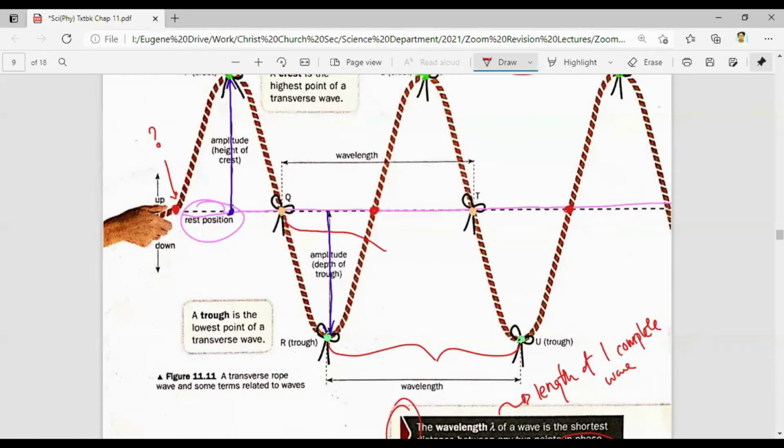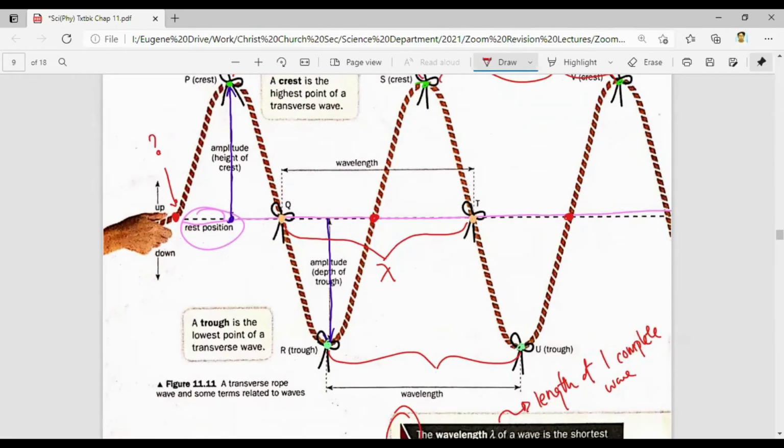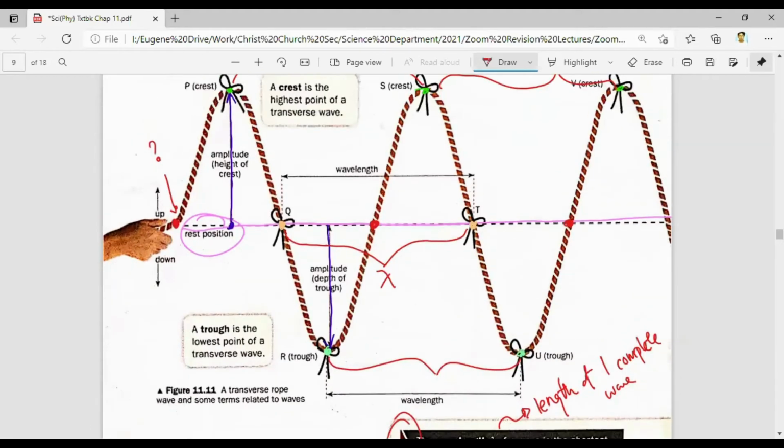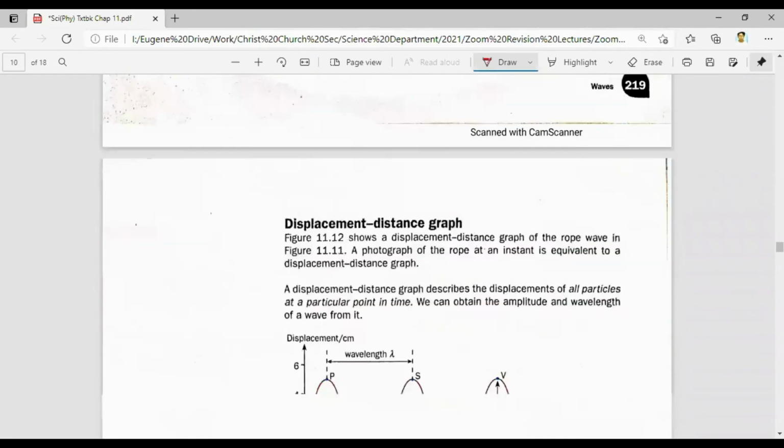So from here to here, this whole point here is also lambda. So no one says that wavelength is only crest to crest. It could also be a trough to another trough, or it could be from one rest position to the next alternate rest position. That's also one wavelength. So there are different ways to look at wavelength in this kind of scenario. Okay, so this is wavelength.